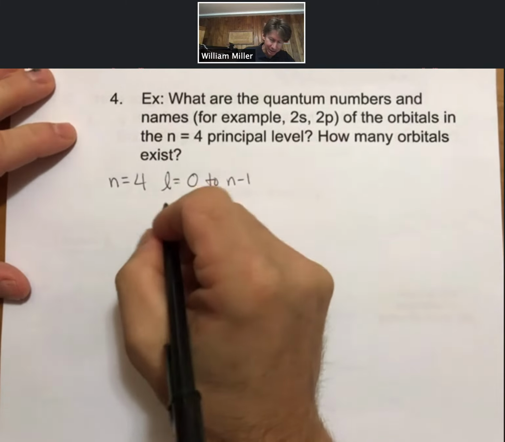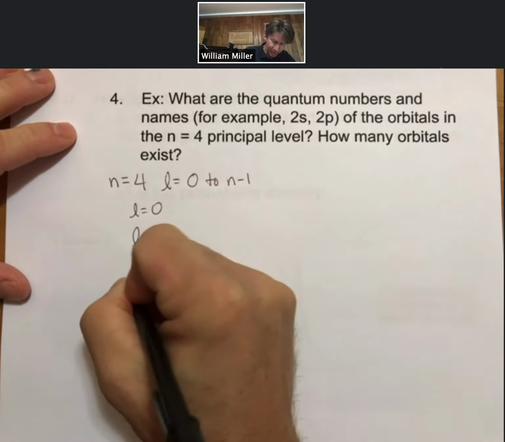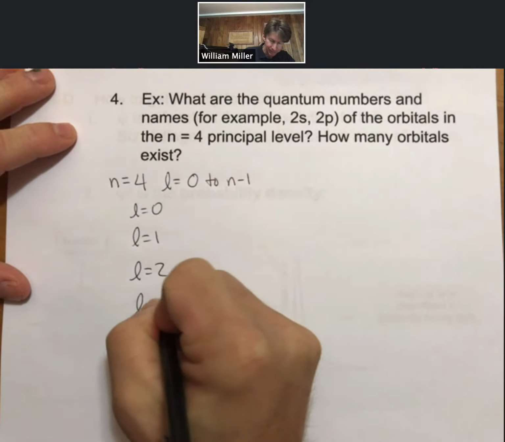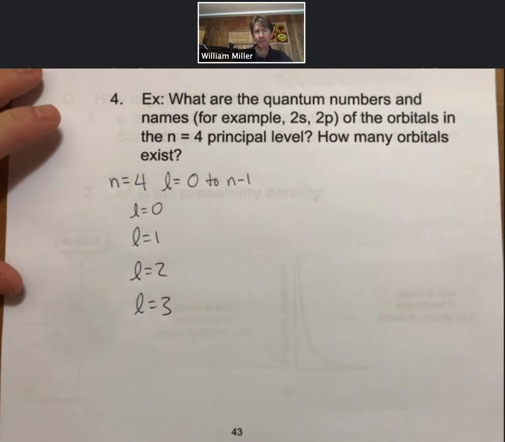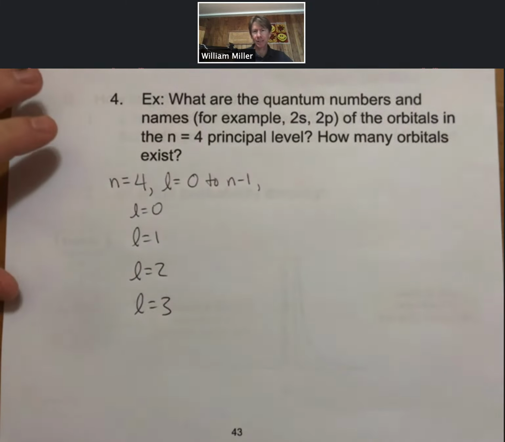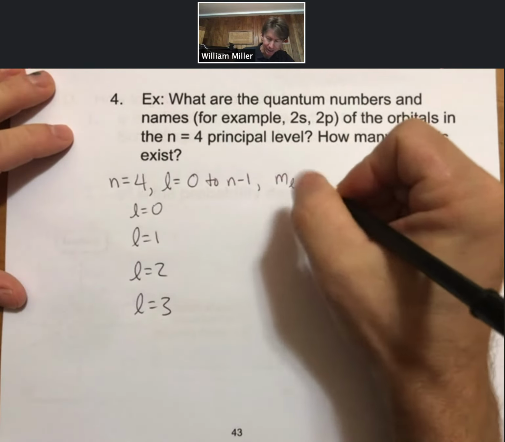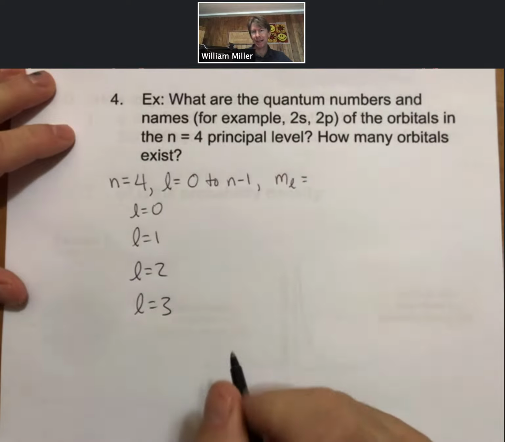That means l equals 0, l equals 1, l equals 2, and l equals 3. And then we said that m sub l equals minus l to plus l.